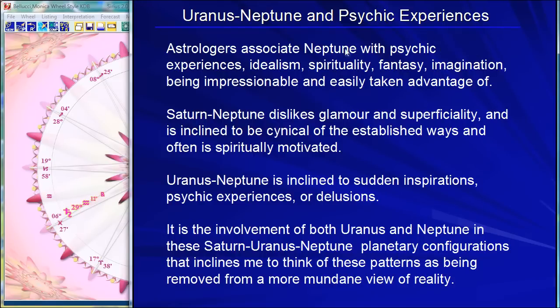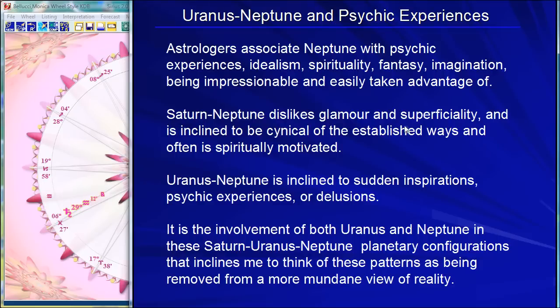So often in astrology we say that Neptune is psychic and idealistic and spiritual and fantasy. It's actually Uranus-Neptune that leads to wild inspirations. Saturn-Neptune dislikes glamour and superficiality, tends to be cynical and seeking something sincere.